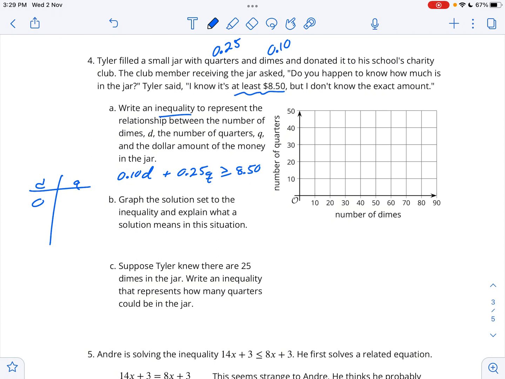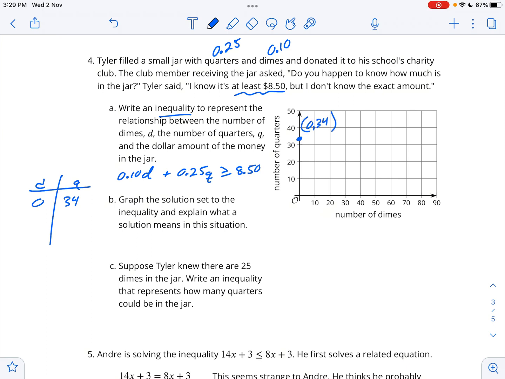So 0.25 times Q, if I'm doing my mental math right here, I'm probably going to mess this up, Q is going to be 34. Hopefully I got that right. So that's going to be right here.